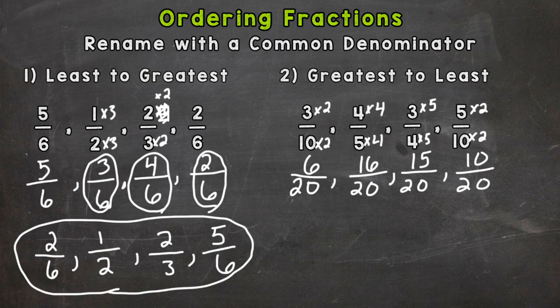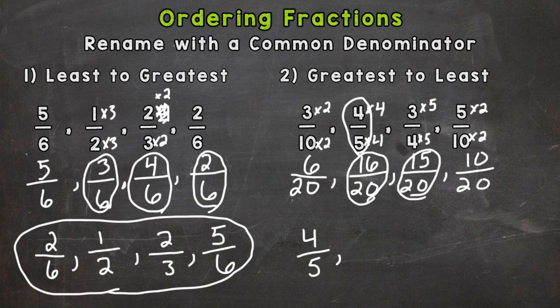So we need the greatest first. So we have 6 twentieths, 16 twentieths, 15, and 10. Well, 16 twentieths is the greatest. And I'm going to put the original fraction first, 4/5. Next would be 15 twentieths.